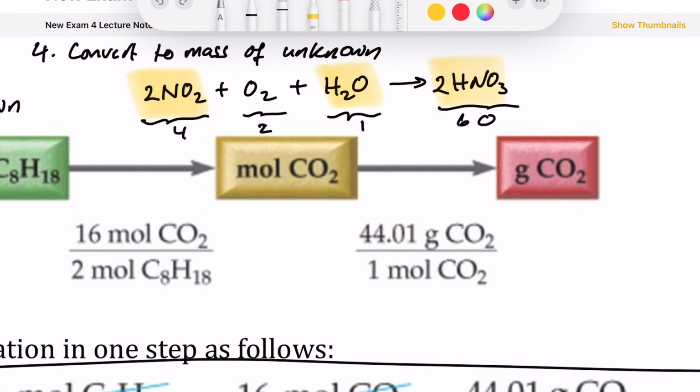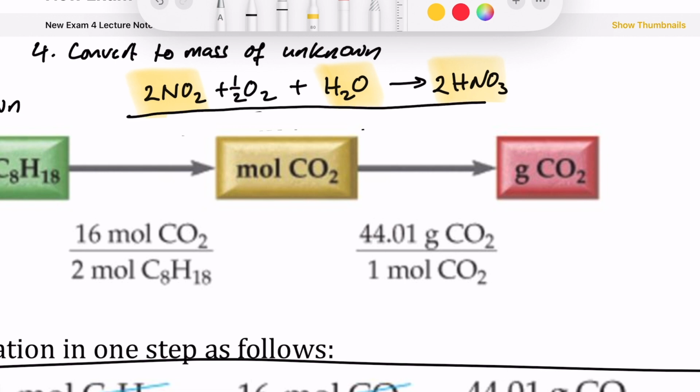Now, how do I make 2 become 1? I multiply by a half. Okay? So that means I need to put a half here. Now, as we said before, coefficients can't be fractional. So I'm going to just double everybody's number. So this is the balanced equation, but I can't have fractional coefficients.